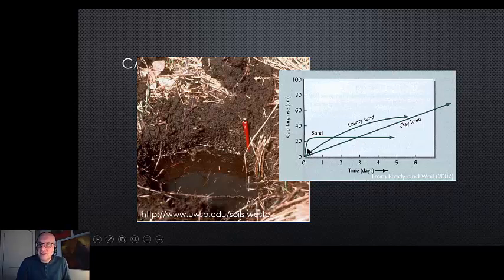It'll be faster initially in the sand because the pores are bigger, so the water can move much more freely through them, the hydraulic conductivity is greater, but over time the finer textured clay loam soil is going to overtake both the sand and the loamy soil.